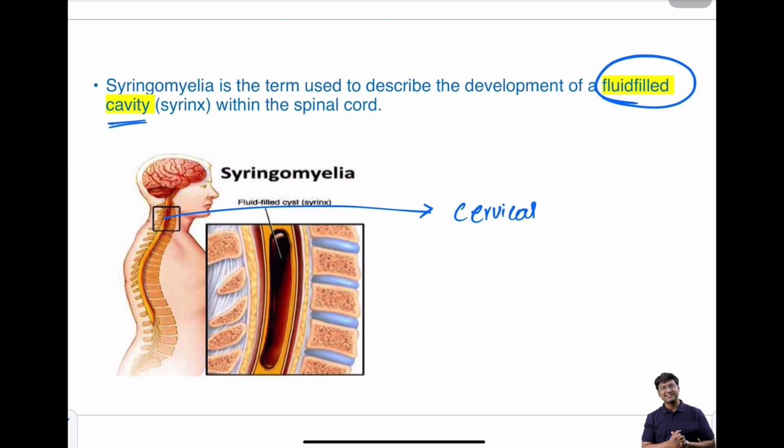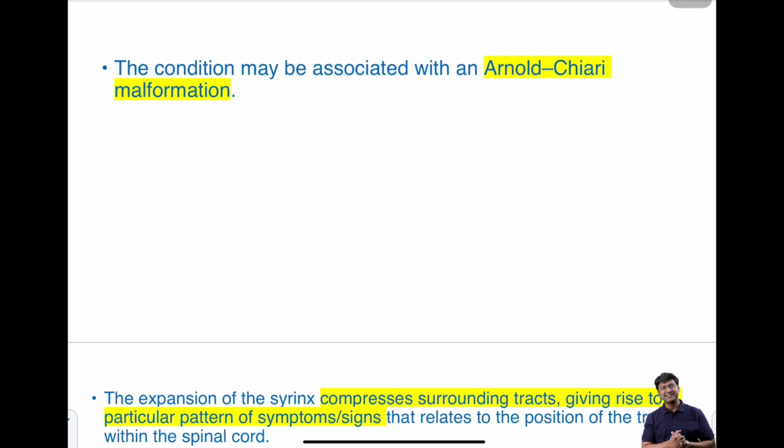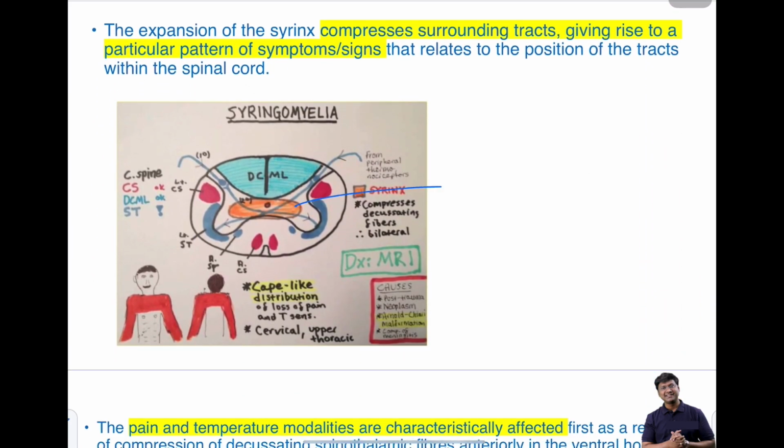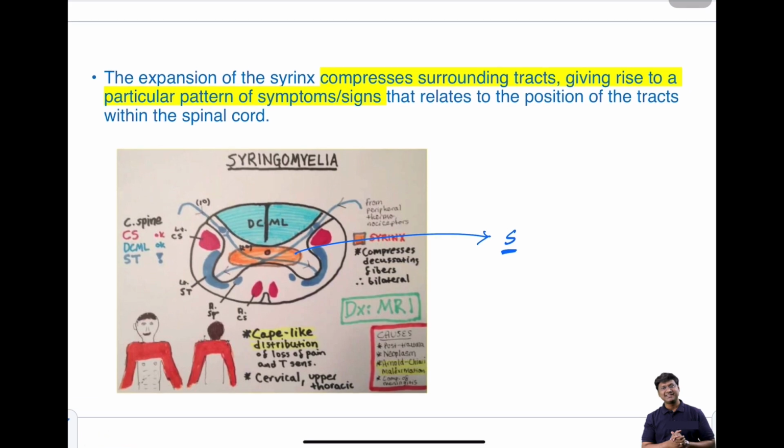And what is the etiology, or in which conditions will you have the development of syringomyelia? Very, very important question. It is associated with Arnold-Chiari malformations. Now, in case of syringomyelia, like we have discussed, there will be presence of the syrinx, which is nothing but the fluid-filled cyst that is present in the center of the spinal cord. And this fluid-filled cyst, the syrinx, whenever it expands, it compresses the spinothalamic tract, right?